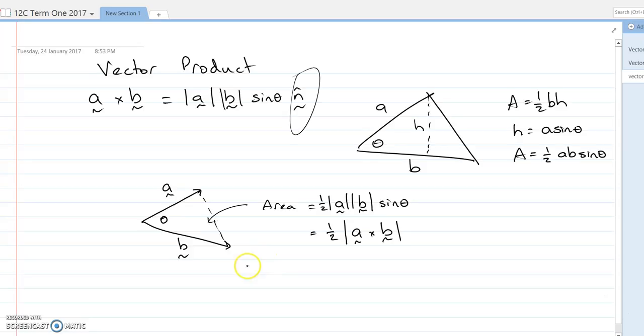So another thing is we could make a parallelogram out of that. Let's have again A and B, and if I copied my vector A down here, and I copied my vector B over here, that gives me a shape of a parallelogram.